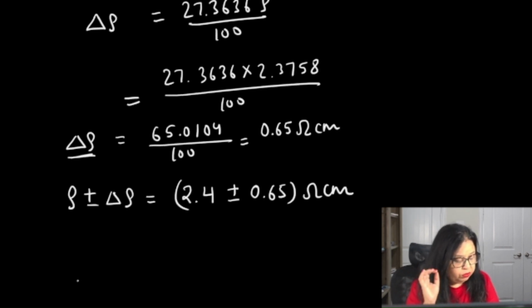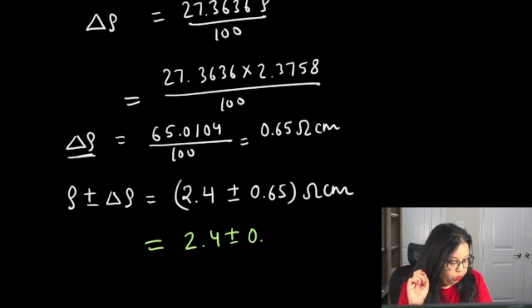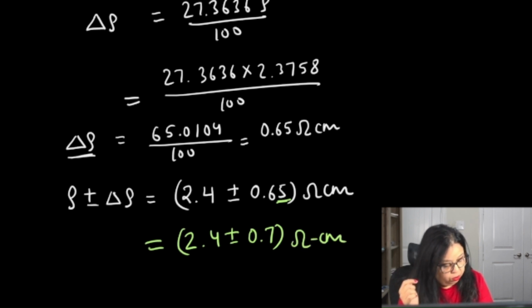But from the rules of uncertainty, we know that the uncertainty must have the same number of decimal places as the number for which it is defined. That means this answer is going to be 2.4 plus minus 0.65. Round it up. Why? Because this is a 5 over here. It becomes 0.7 ohm centimeters. So this is rho plus minus delta rho.